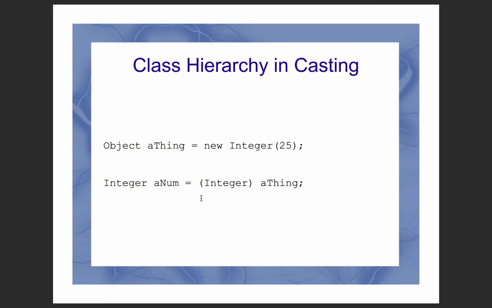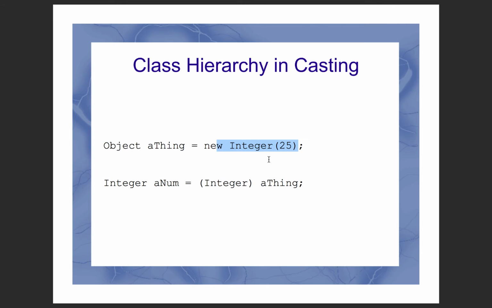Casting can also happen in classes, with class objects. For example, we understand that Object is the supermost class, the superclass, that has higher precision and higher size. So we can create an object, and then we can have some lower objects. Integer is a subclass of the Object class.